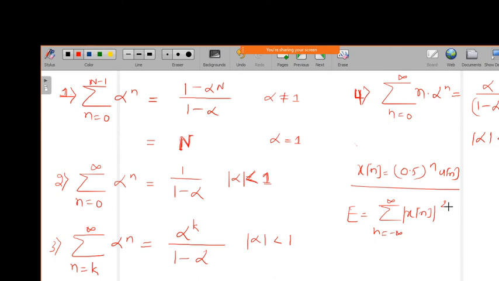Since u of n is a unit step, it varies from n equal to 0 to infinity. So x of n whole square means 0.5 power n whole square, which we can rewrite as the summation n equal to 0 to infinity of 0.5 square whole power n.